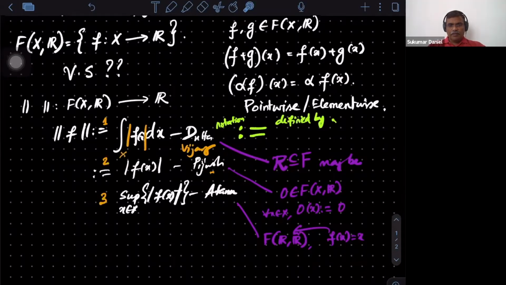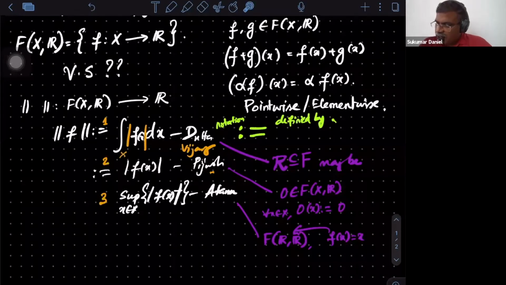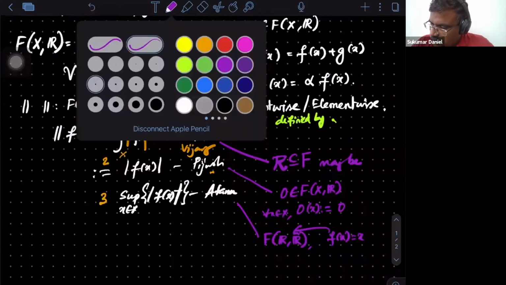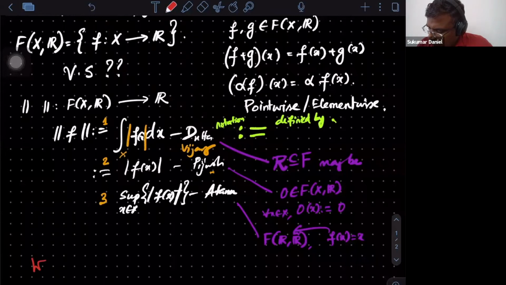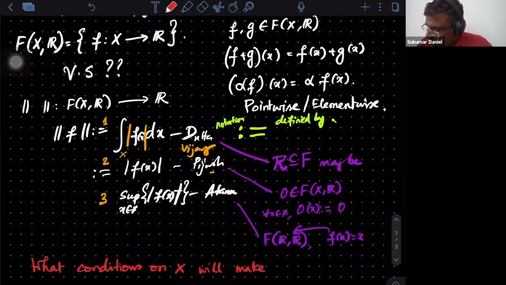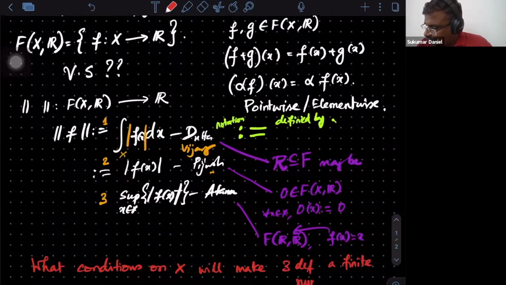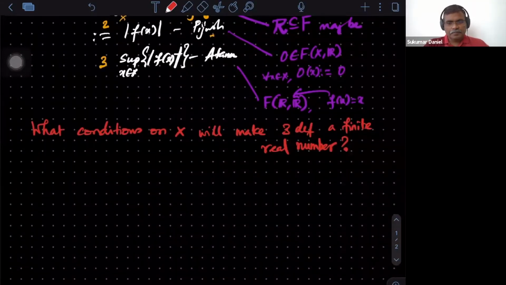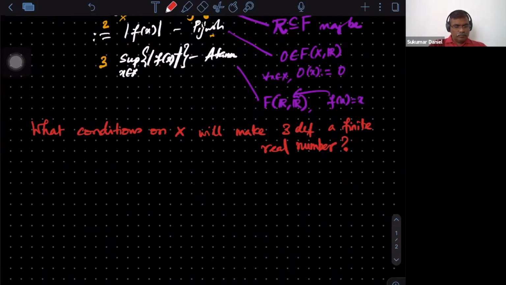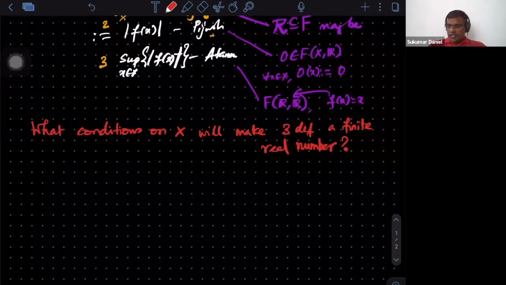So now, what conditions on X will make the third definition a finite real number? Is the question clear? Just think about what conditions I can put on X so that I can actually define the third condition.